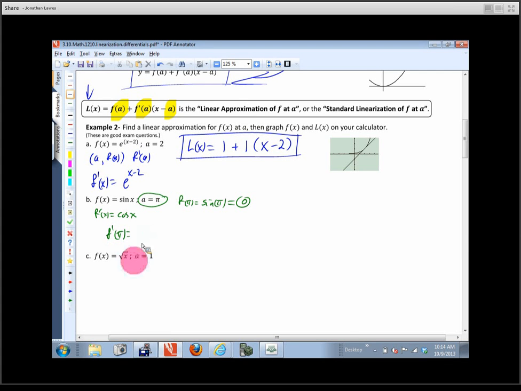I need the cosine of pi. Cosine would be the x coordinate on the unit circle at pi, at 180 degrees, so that's going to be -1. That means my standard linearization is going to be function value 0, plus the slope, which is -1, times x minus pi.